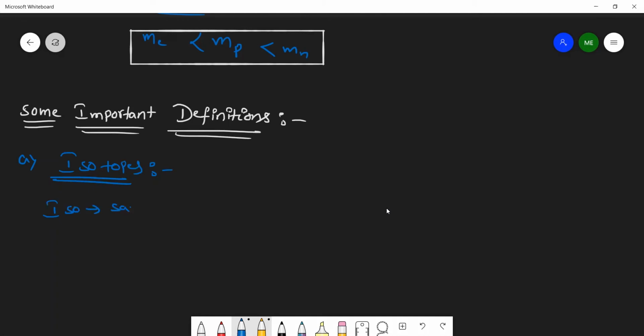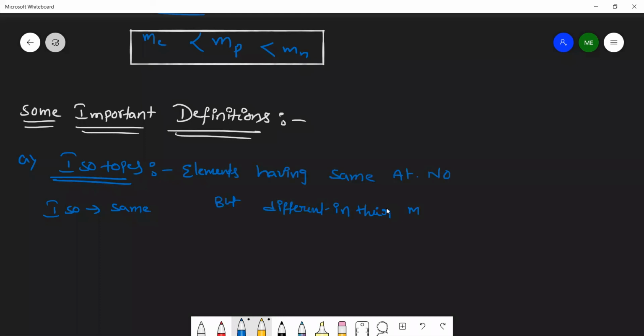but different in their mass. Let's say an example, hydrogen we have learned.